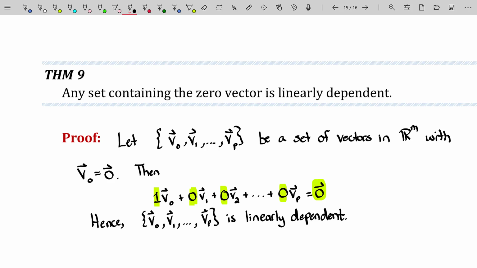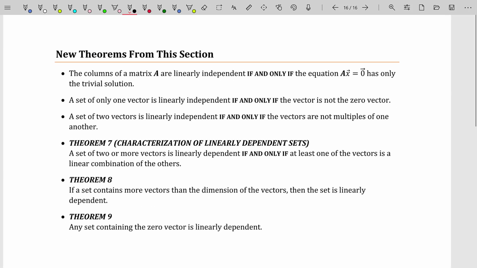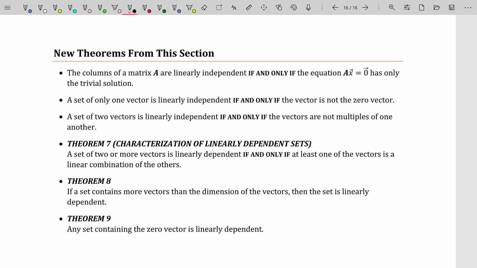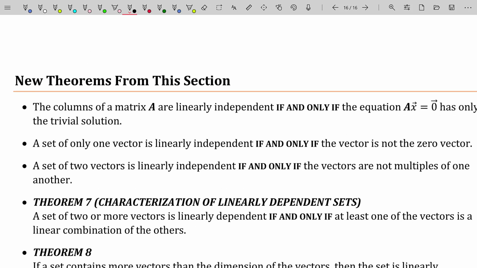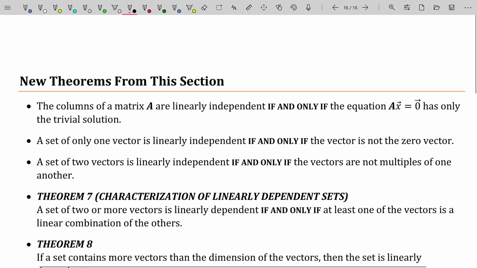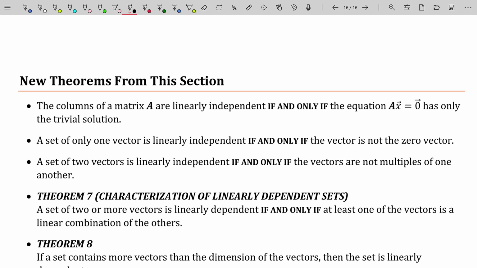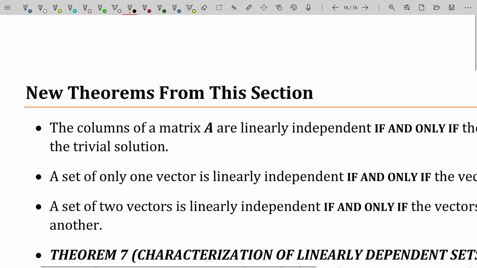All right, in summary, in the last few videos, here are the theorems that we've introduced. The columns of a matrix A are linearly independent if and only if the equation AX equals 0 has only the trivial solution. Remember, we have a contrapositive form of that.